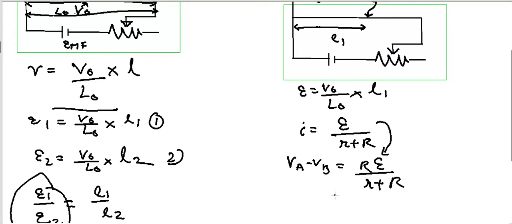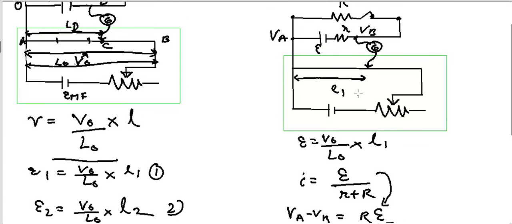Now suppose with this new potential difference, the point where the galvanometer is now giving zero deflection is at another point, say this point, which is at a distance of L2.